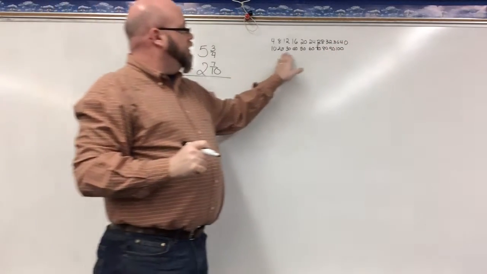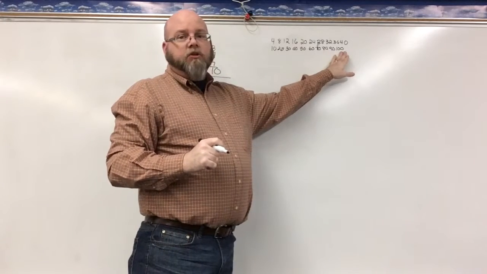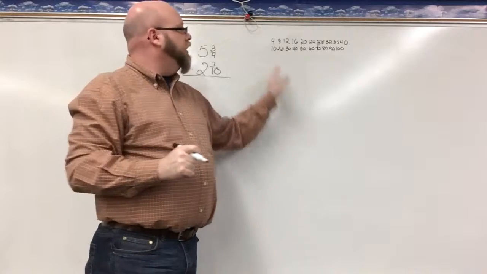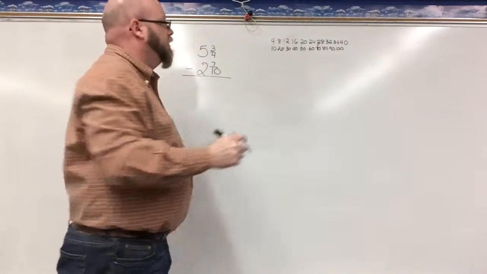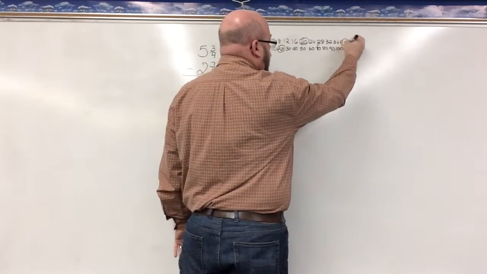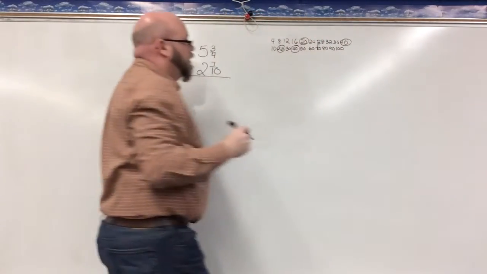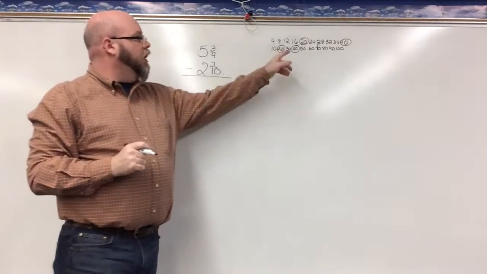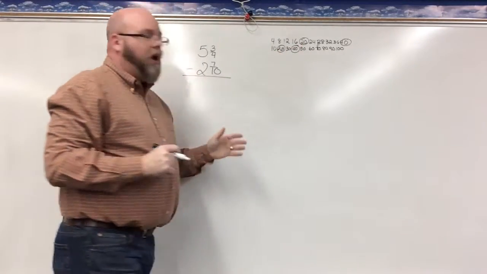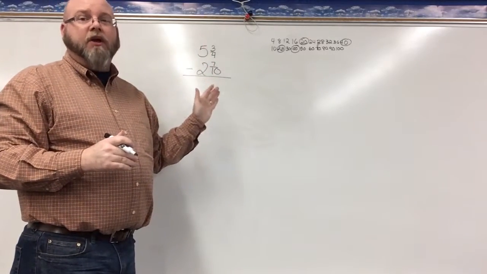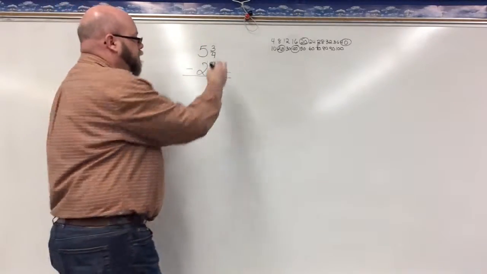And there are my first 10 multiples of 10. So I want to find the common multiples that 10 and 4 have. Well, they share 20 and they share 40. The least common multiple is the smallest one, 20. So I want to rename both of my fractions so they have denominators of 20.